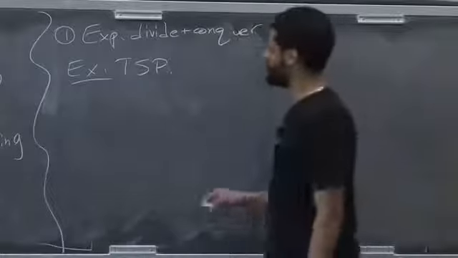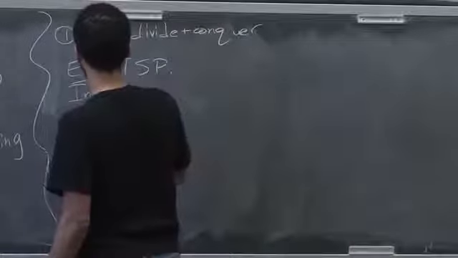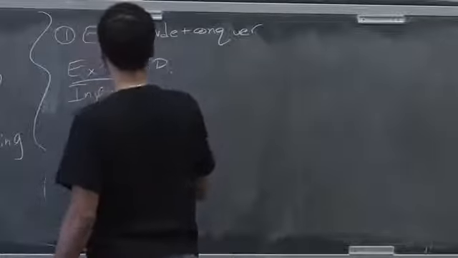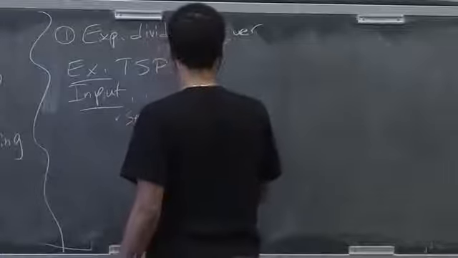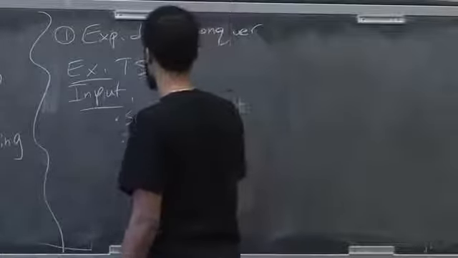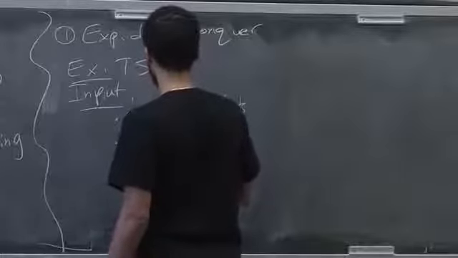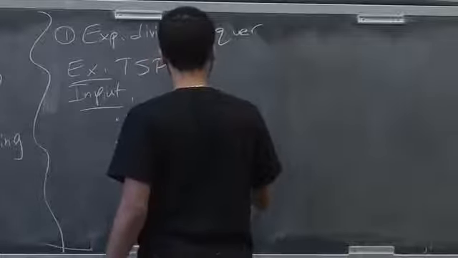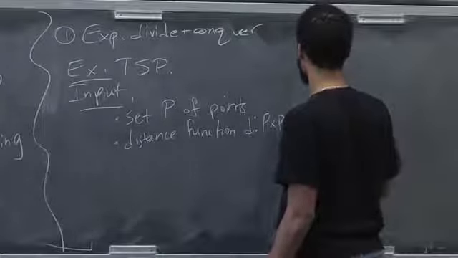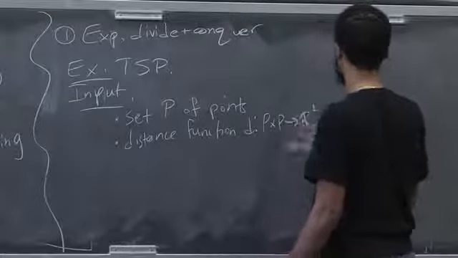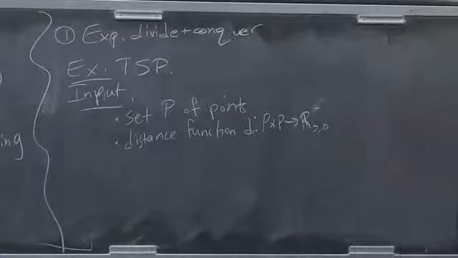The input is a set P of points and a distance function D, which maps pairs of points to non-negative numbers. Let's assume it's a proper distance function, so this is a metric: it satisfies triangle inequality and it's symmetric. Distances are 0 only if the two points are the same.